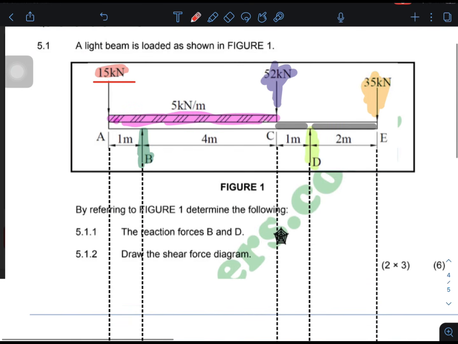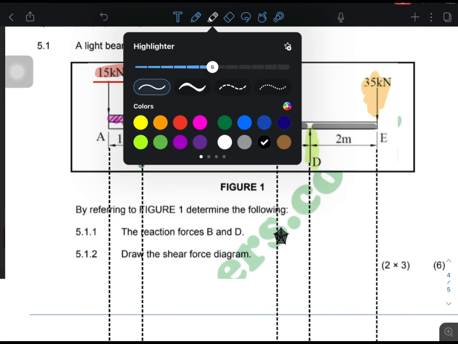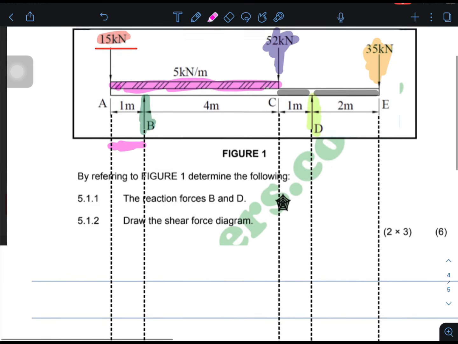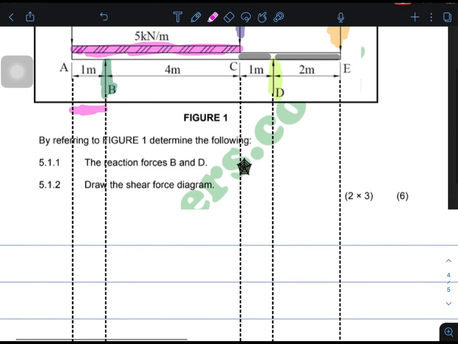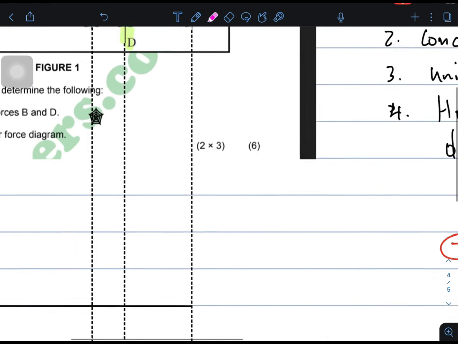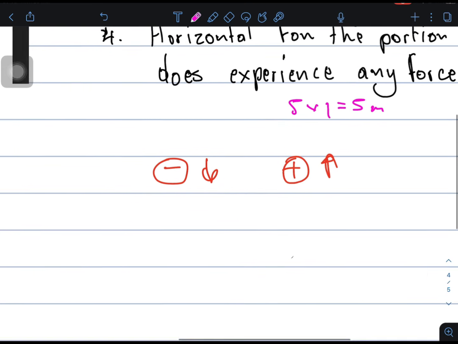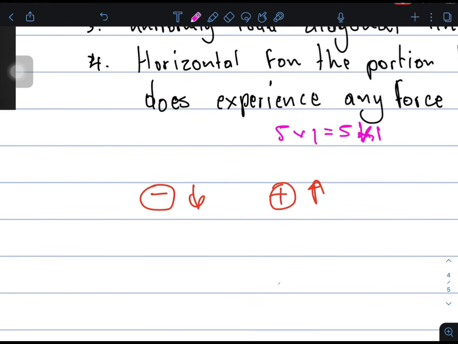Okay. Then if you look at this portion, I have a uniformly distributed load that is acting for how many meters? It's acting for 1 meter. So basically, it's 5 times 1, which is 5 kilonewtons downwards.